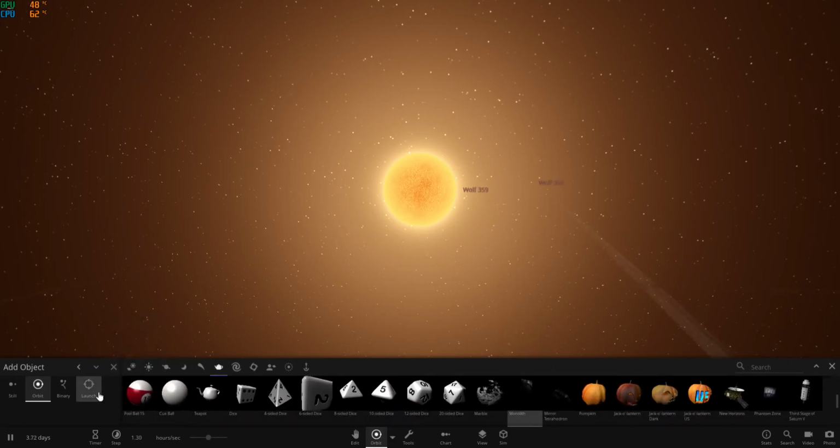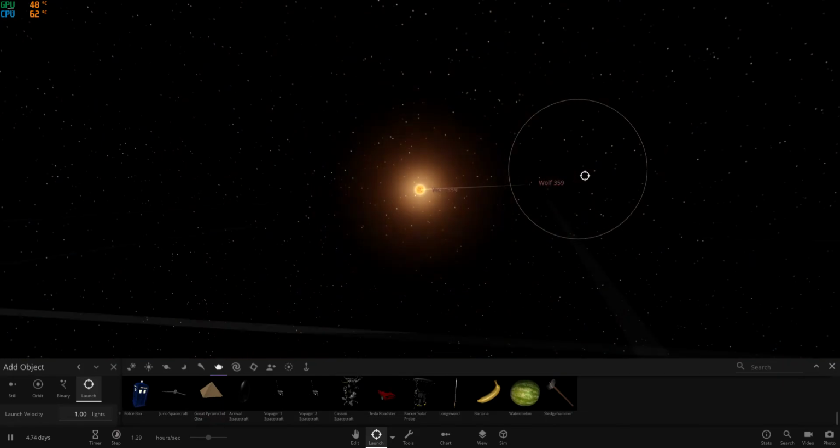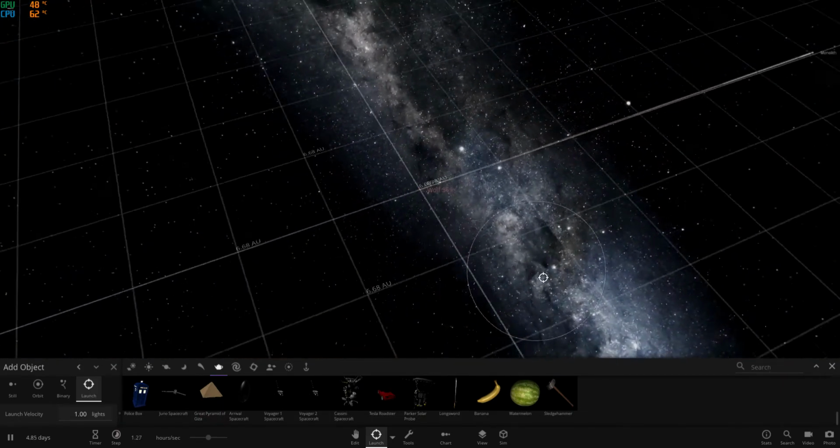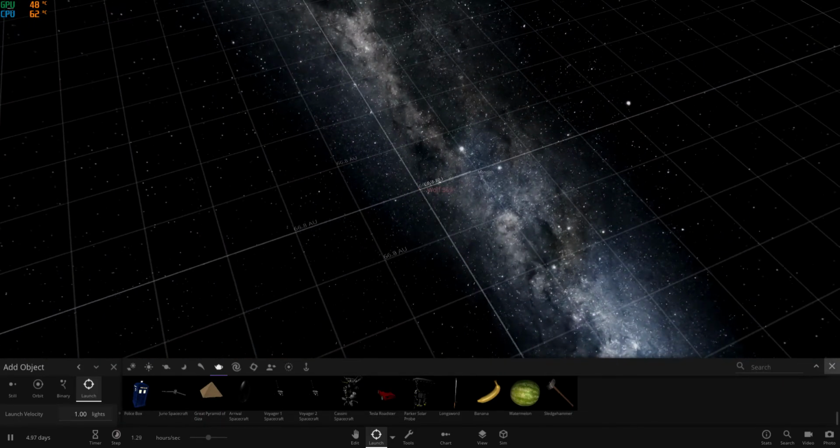What would happen if we sent that probe on a trajectory moving at the speed of light? The fastest speed attainable in the universe.